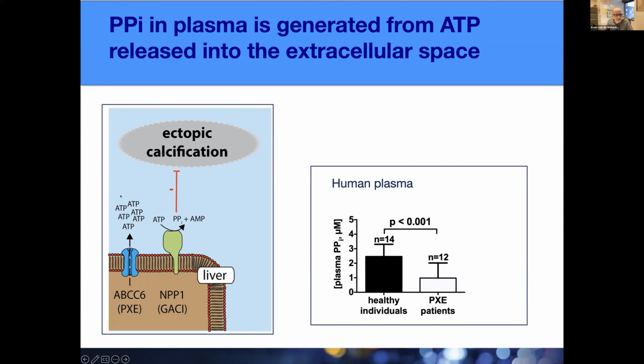And the reduction in ATP release in the absence of ABCC6 results in PXE patients in low amounts of pyrophosphate. And you can see that in this graph. So in individuals that are not affected, there's more pyrophosphate in the blood.